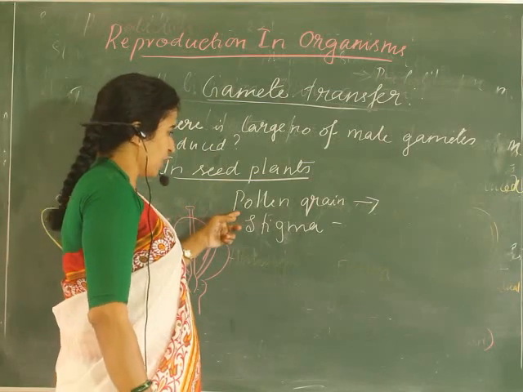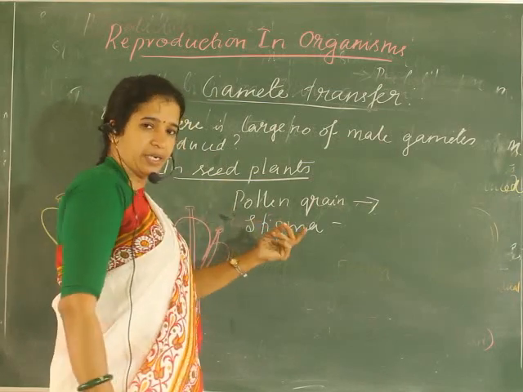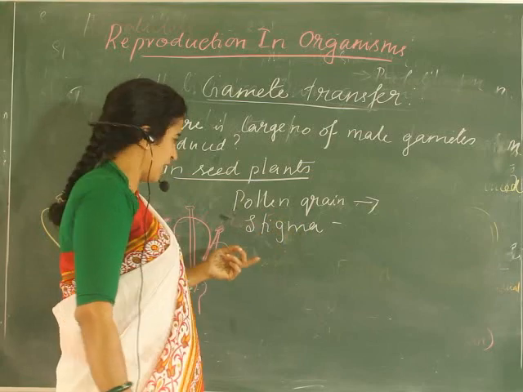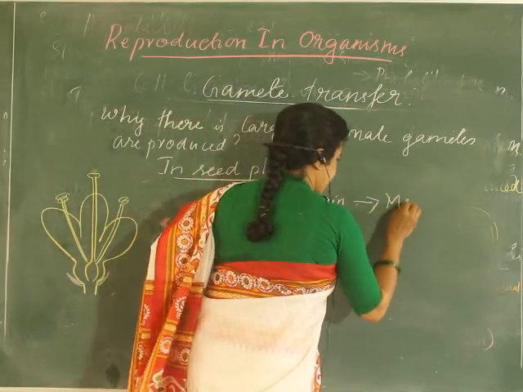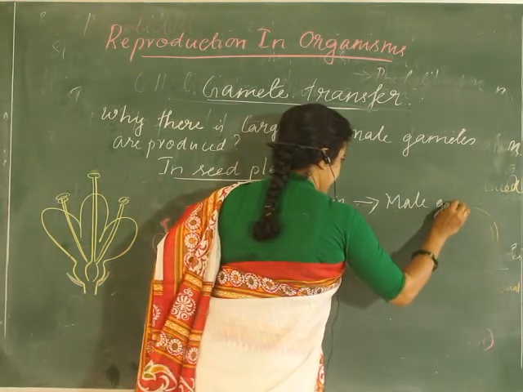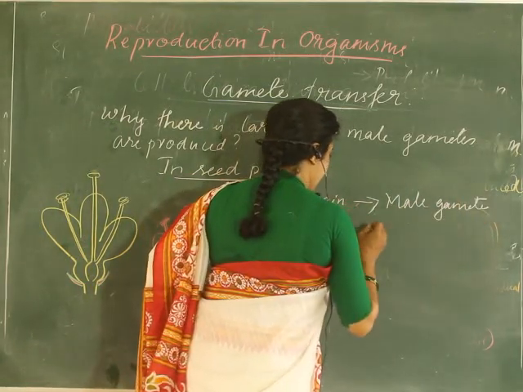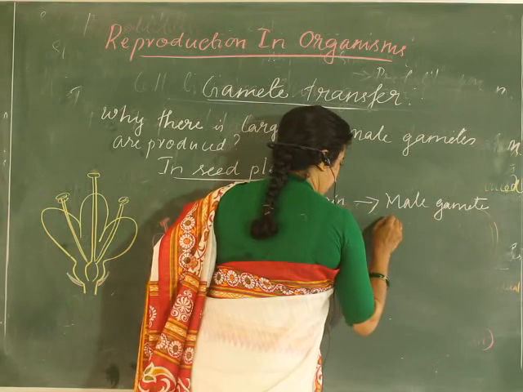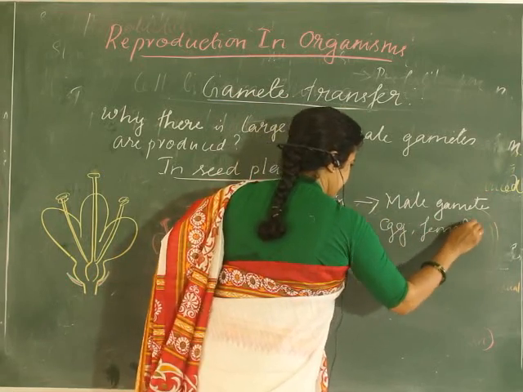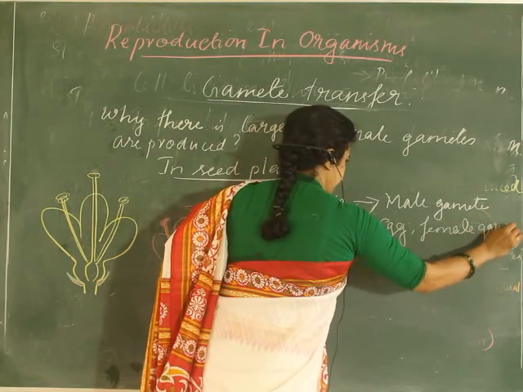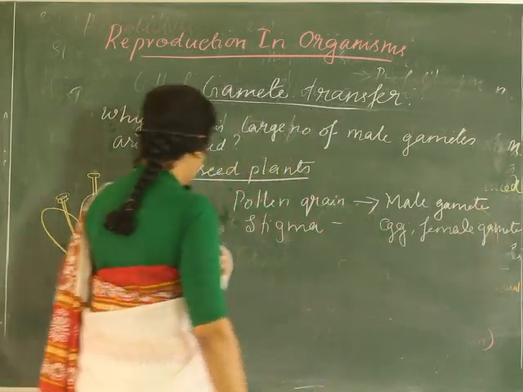First, we'll see which is the male gamete carrier and which is the female gamete carrier. In seed plants, pollen grains carry the male gamete, whereas the stigma leads to the egg, which has the female gamete in it. Here, you will know this very familiar process.